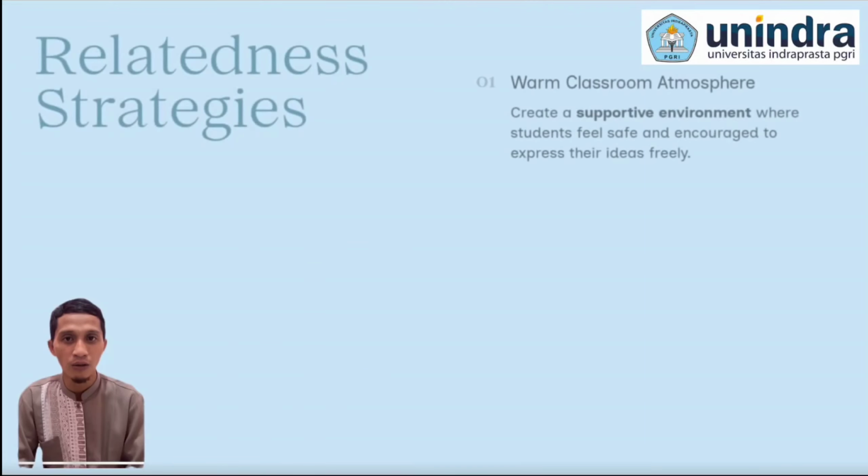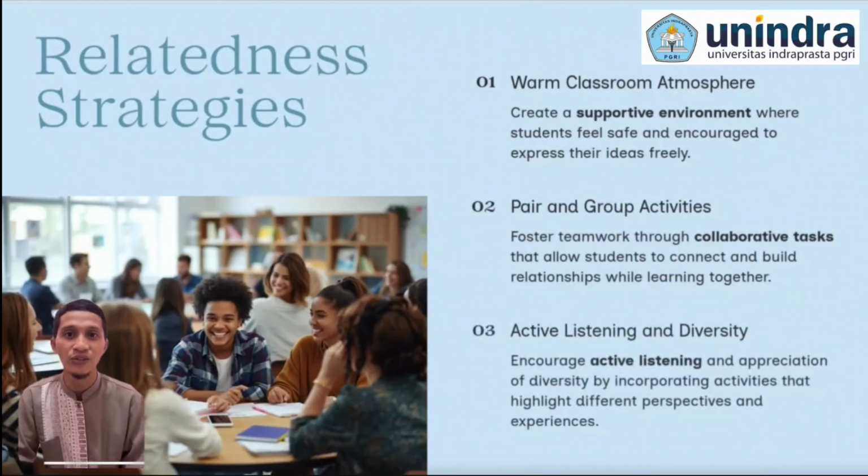So, how? We can build relatedness in three key ways. First, a warm classroom atmosphere. This means creating a supportive environment where every student feels safe and encouraged to express their ideas freely without fear of harsh criticism. Second, pair and group activities.